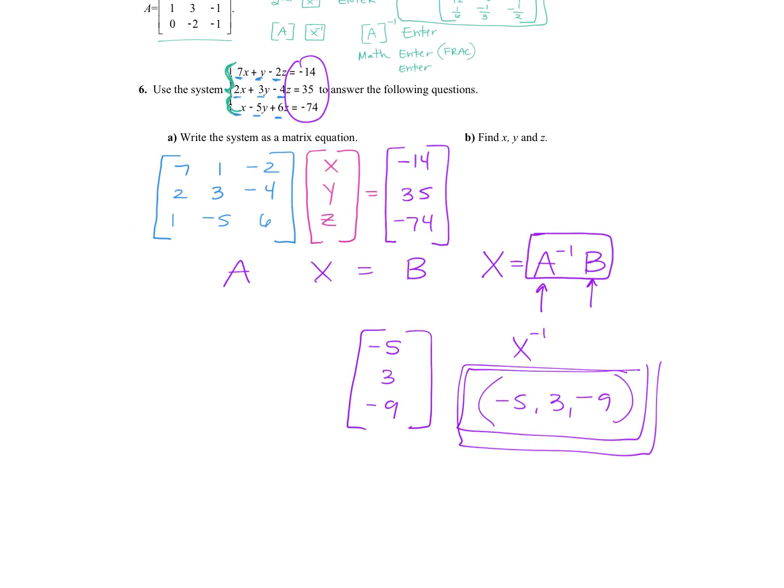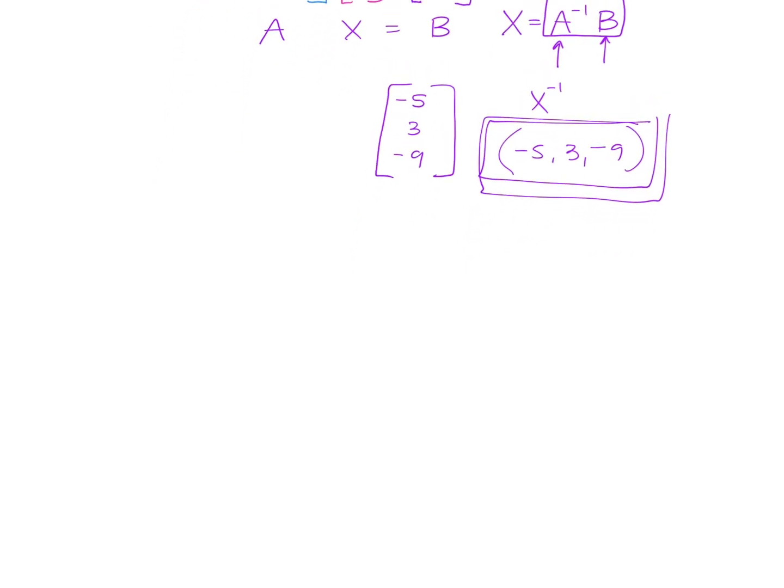And then I just want to talk through a couple quick things with you. One of those things I kind of mentioned earlier, but I just want to make sure you're clear. Whenever we have an identity matrix, it will be 1s in the diagonals, 0s everywhere else, right?